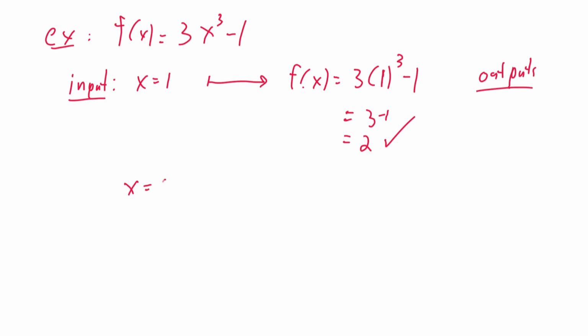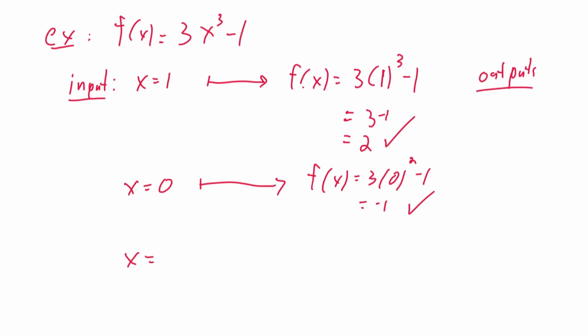So I can try x equals 0. This goes to f of x equals 3 times 0 cubed minus 1, so minus 1. And let's just do one more for good measure. Let's try f of 2. So this goes to 3 times 2 cubed minus 1.